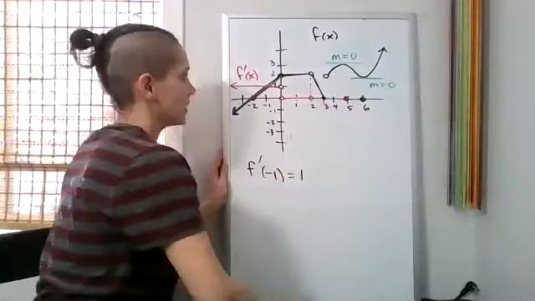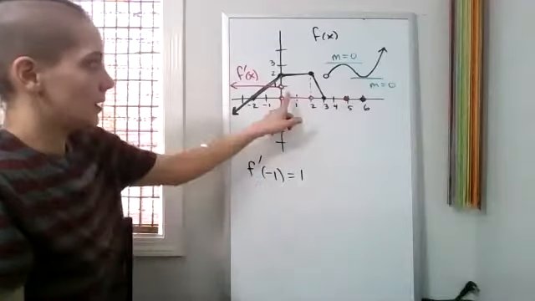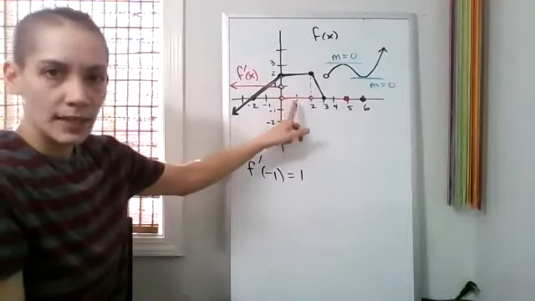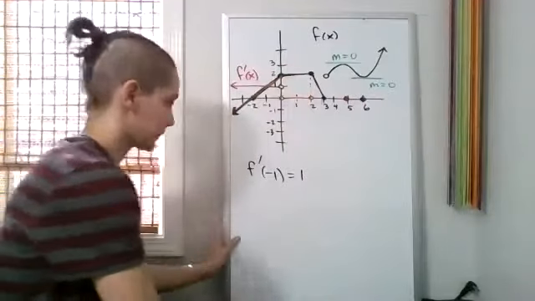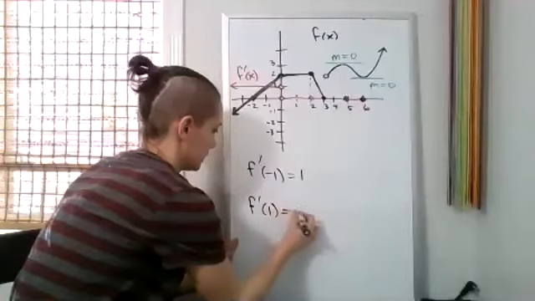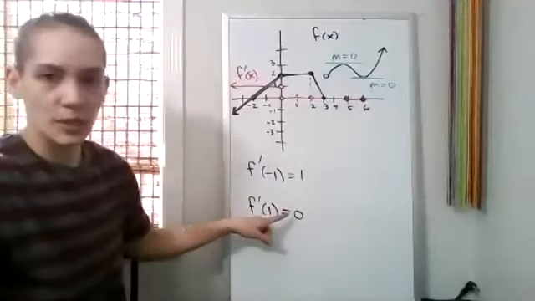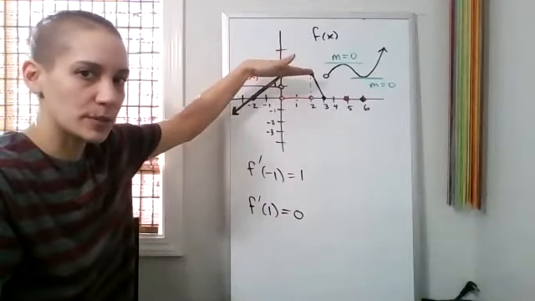Somewhere in there, like at x equals 1, f prime of 1 is 0. The slope of the tangent line when x equals 1 is flat, which means it has 0 slope.